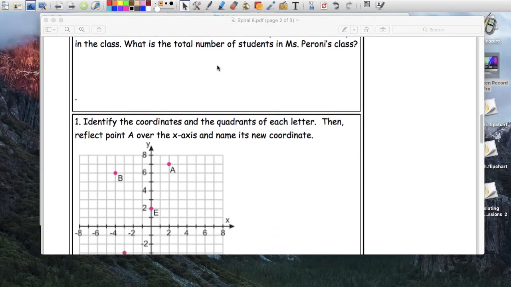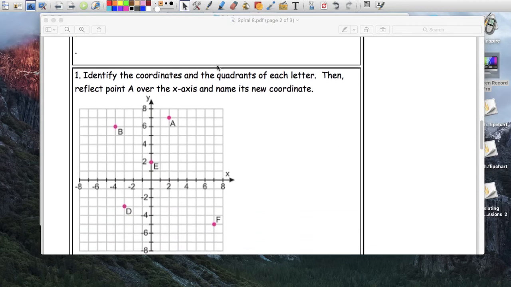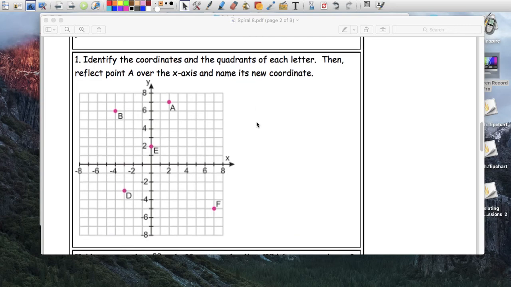Careful here with the next one. It says reflect point A as well as find the coordinates for every single one and the quadrants. So A is at 2, 7, quadrant 1. B is at -4 and 6, quadrant 2. C is, where's C?